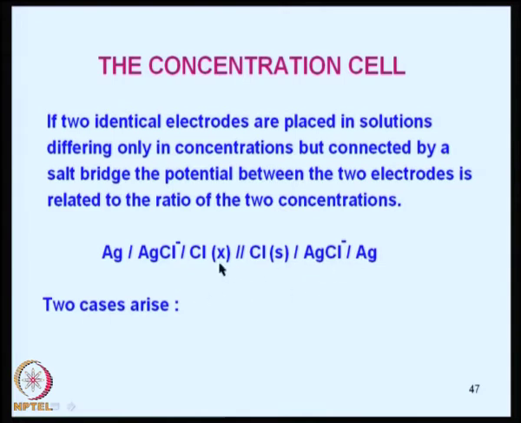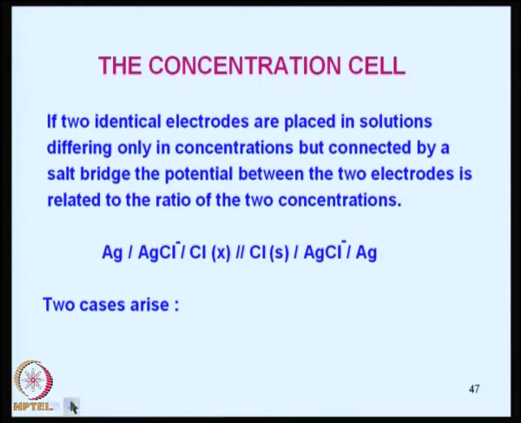So, you can see that except for this part, that is chloride concentration, all other parts of the left hand side and the right hand side are the same. So, the only difference, if we can get any EMF, has to come from the differences in the chloride concentrations.